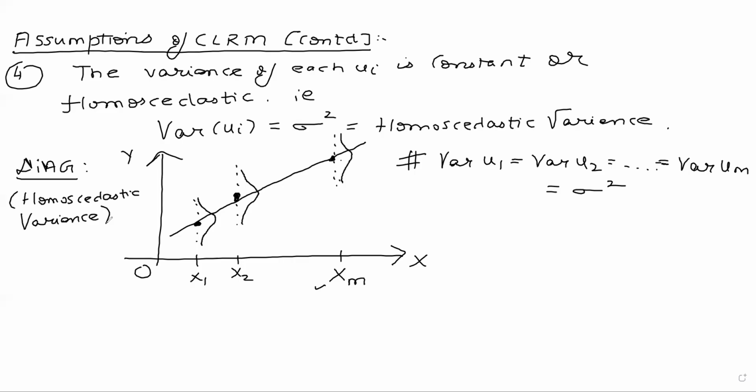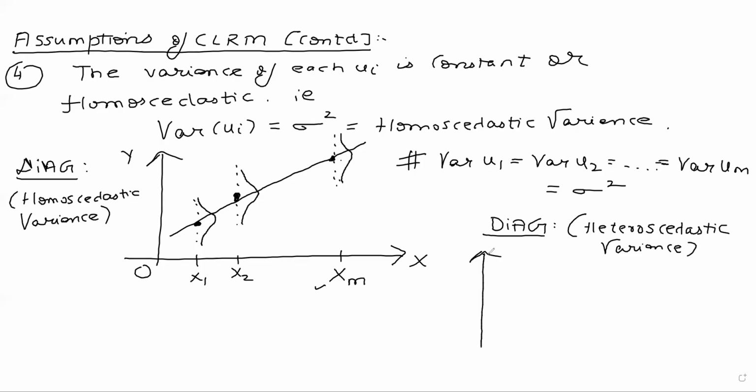Let me show you the diagram for heteroscedastic variance. So you can see on your screen, I am drawing the diagram for heteroscedasticity. Heteroscedastic variance means variance is not a constant, it's changing.